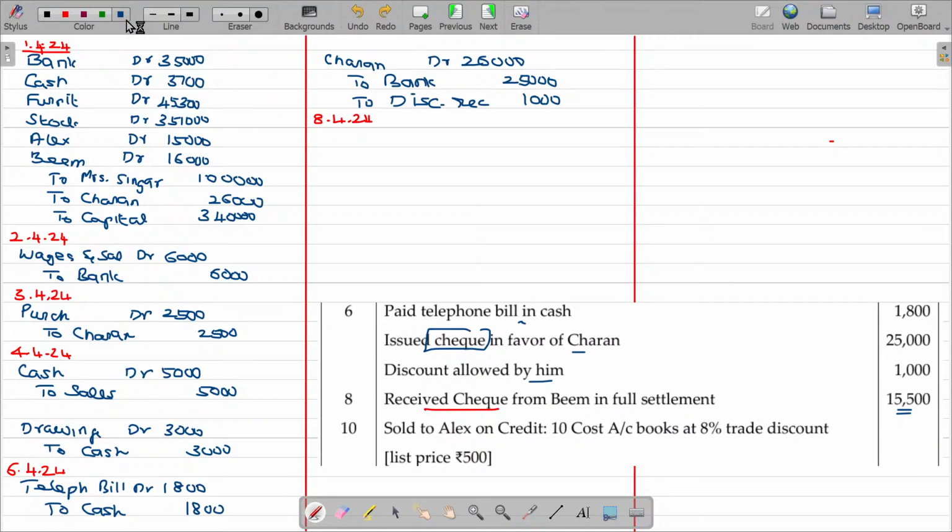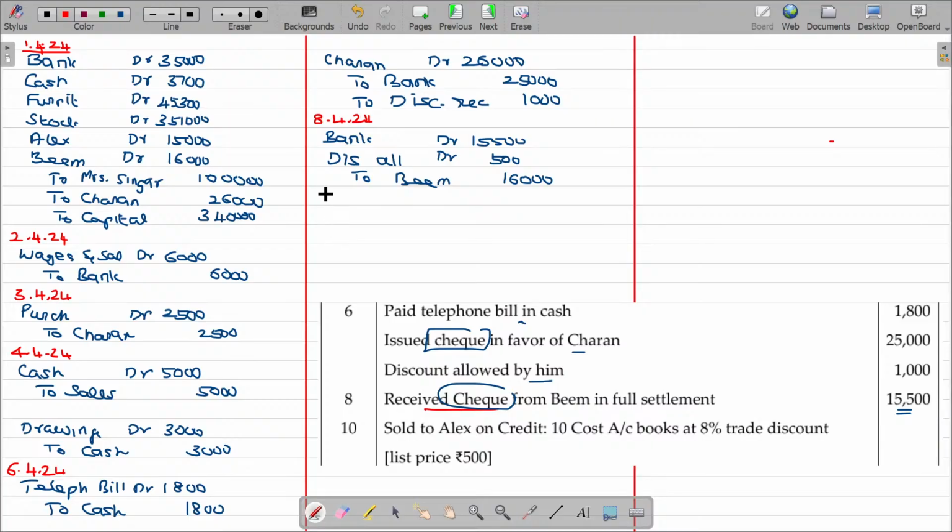Then the journal entry: to be received in the form of check, so bank account debit, and discount allowed account, which is a loss or expense for me. Though he has paid only 15,500, I consider that Beam's 16,000 is completely settled. Means I am allowing him a discount. Discount is my expense, debited.